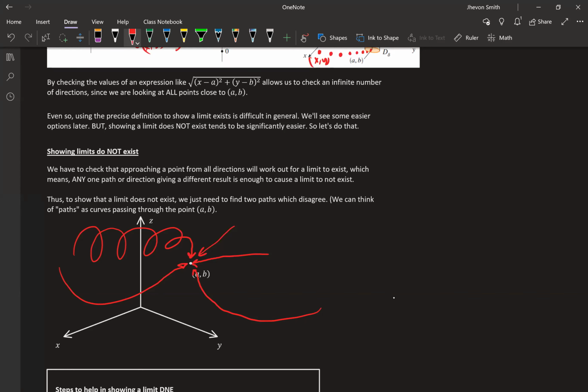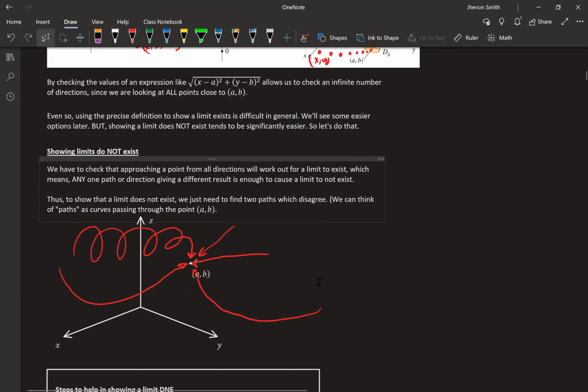Whatever path someone approaches this point in, you can find a different way to get close to that point. That's where the differences would come in, and that is also the idea that we're going to use to show that a limit does not exist.